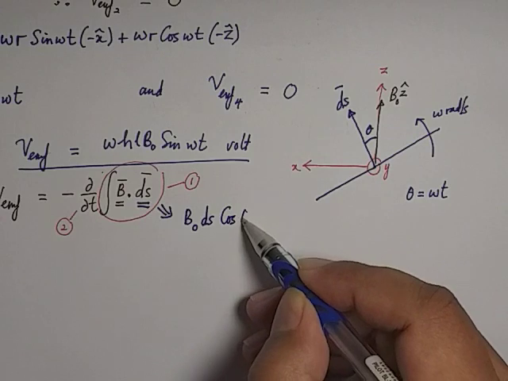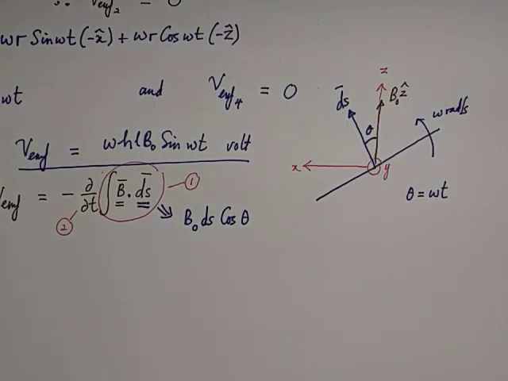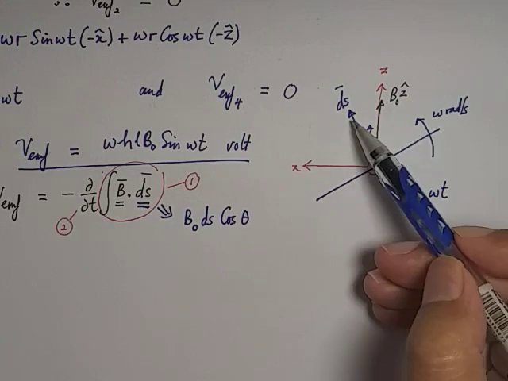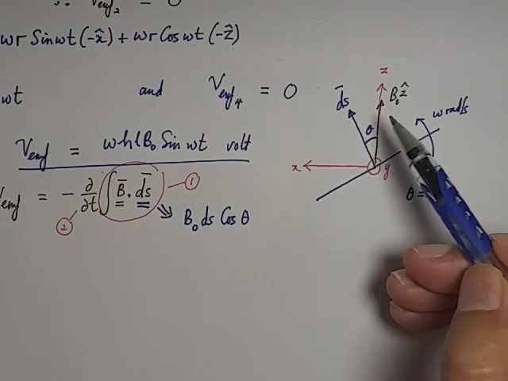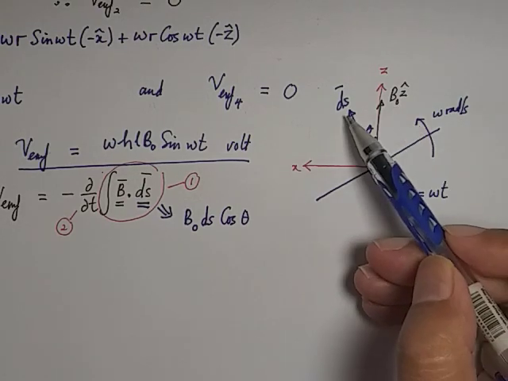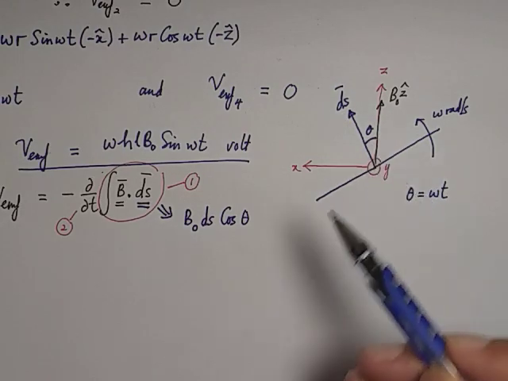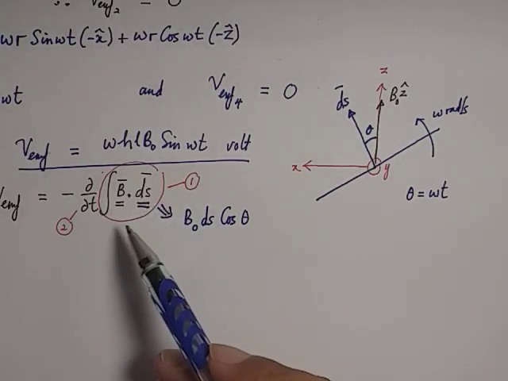Cos theta. Remember the dot product A dot B is the magnitude of A multiplied with the magnitude of B and the cos of the angle between the two vectors. So we have vector B and vector ds. If I do the dot product, it should be B naught, magnitude ds, and the angle theta. So that's what I'm going to have based on the dot product.